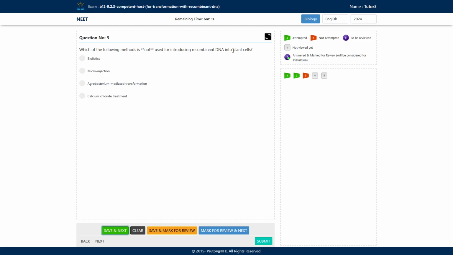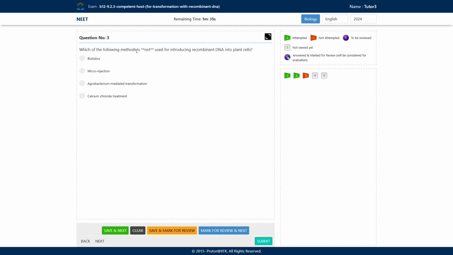Here, pay attention to plant cell, because all of these options are methods for transferring recombinant DNA, but the question specifies which is not used for introducing recombinant DNA into plant cells.